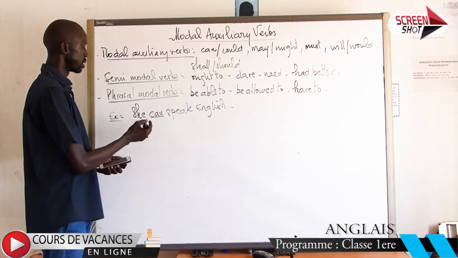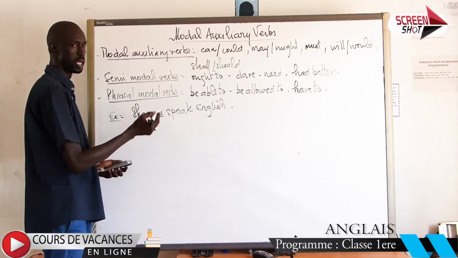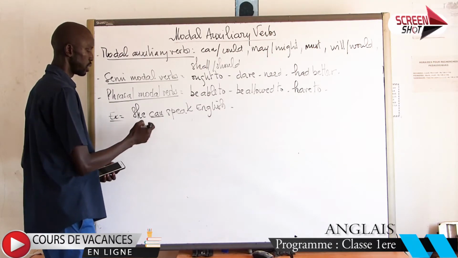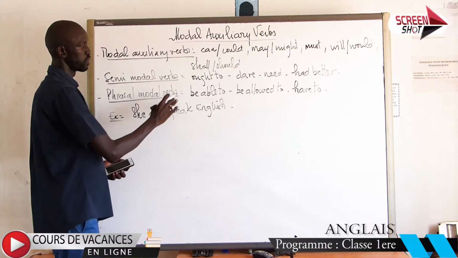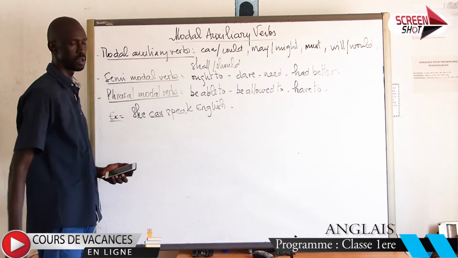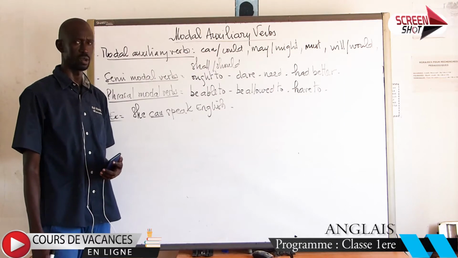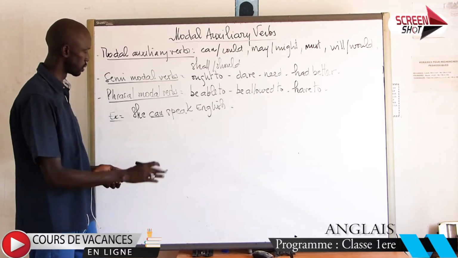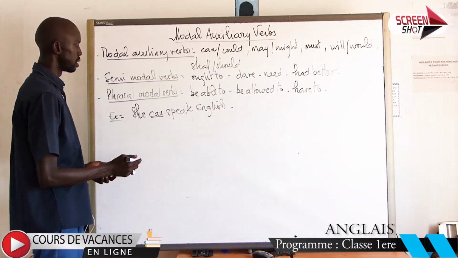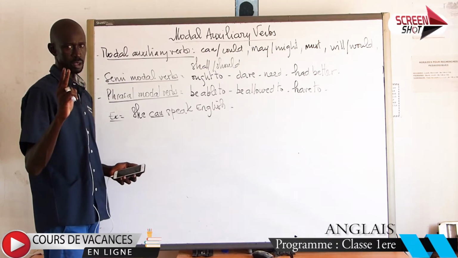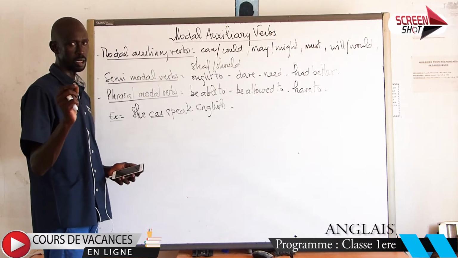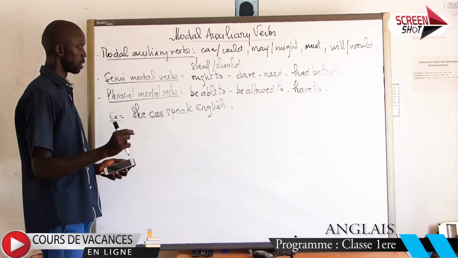There is another thing here. Normally, with the present simple, if you have the third person singular, we add s. But with the modal verbs it's not possible to add s with the third person singular in the present time. We say only she can speak English. Another thing is, if we have two verbs, normally we use to, or we use the gerund between the two verbs.